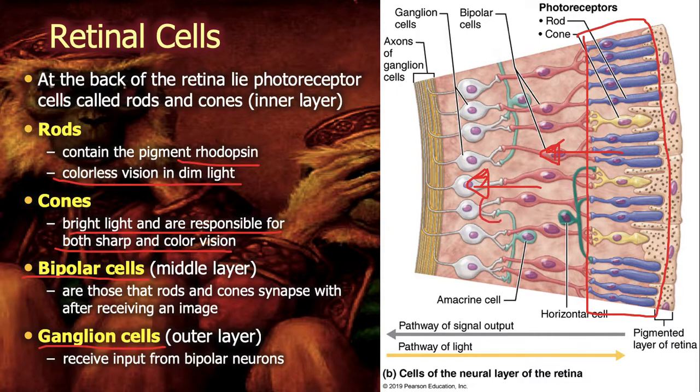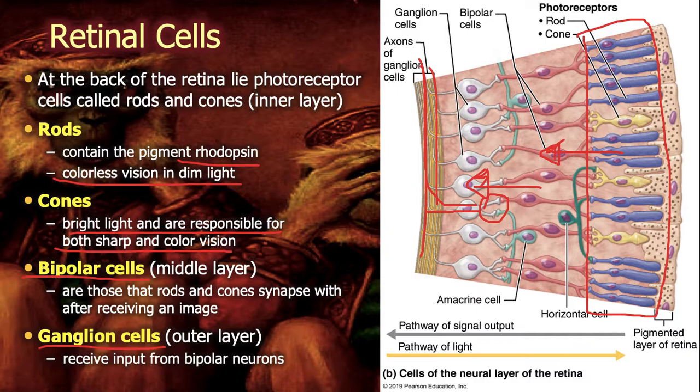So these are your dendrites over here. They're picking up information, and then they're sending the information out these axons. The axons will join together, and they will eventually form the optic nerve. So that's where the information is leaving the eye and going back to the brain. But it all starts with these photoreceptors, bipolar cells, ganglion cells, and then their axons are the optic nerve.